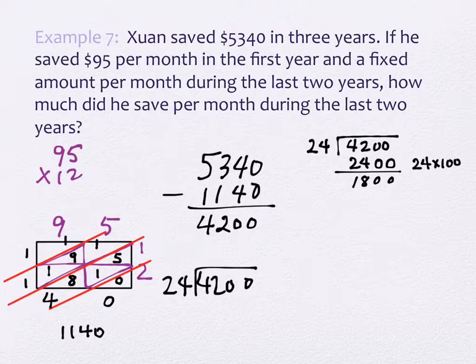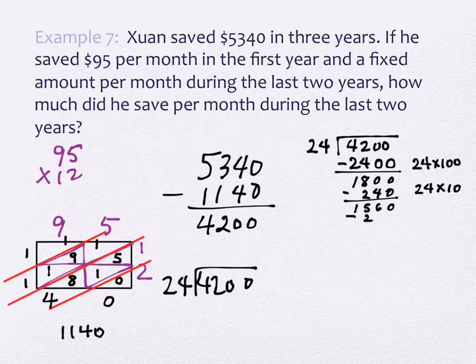So can I subtract 2,400 again? No. So what would I subtract next? 240. And the 240 is 24 times 10 because there's only 1 zero there. So what is 1,800 minus 240? What was it? 1,560 sounds good.